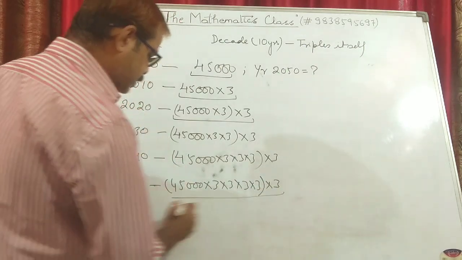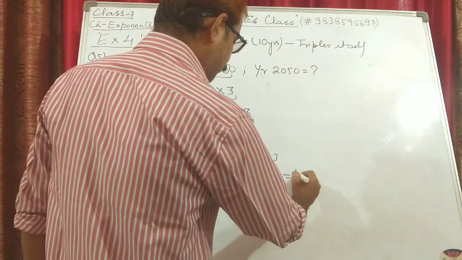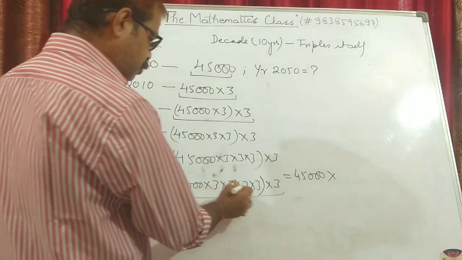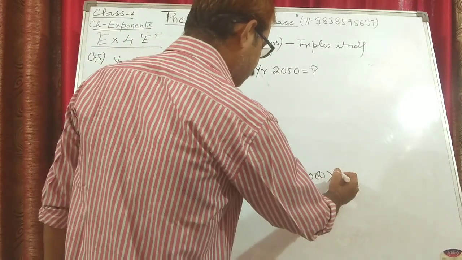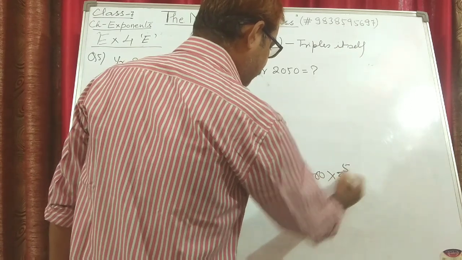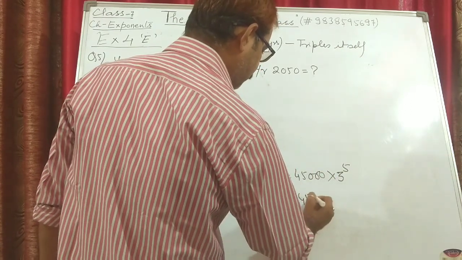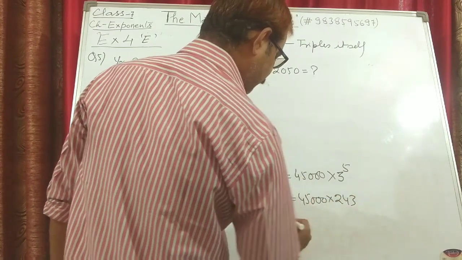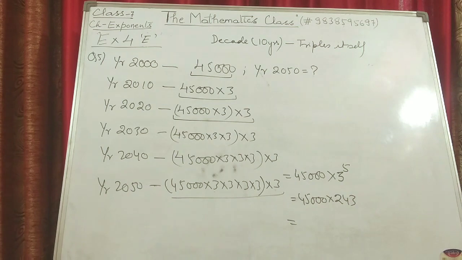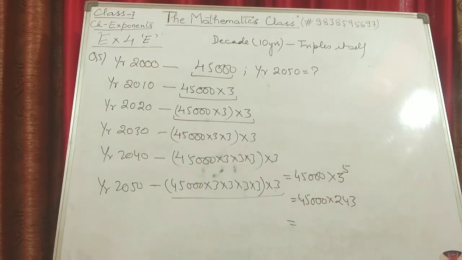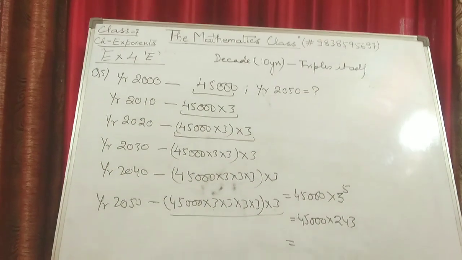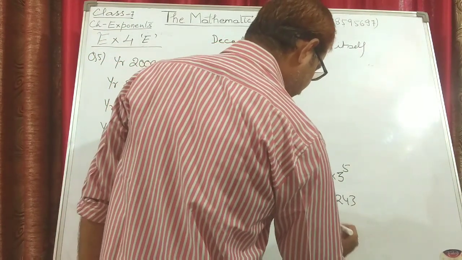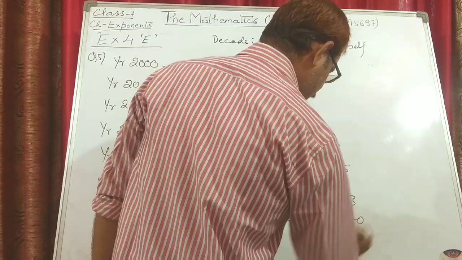So in total this can be written as 45,000 into 3 to the power 5. And we know that 3 to the power 5 is 243. When you multiply 243 by 45,000, you will get 10935000.